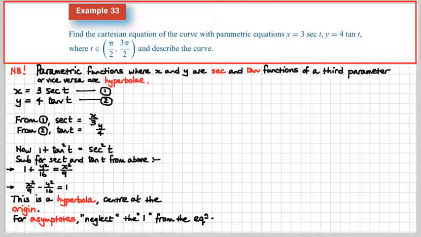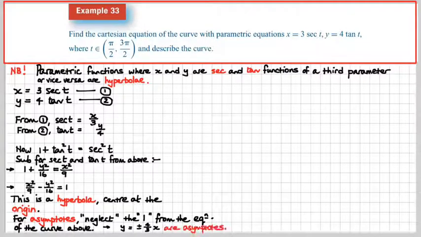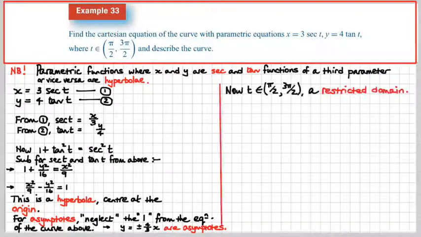So with the asymptotes you neglect this 1. You just neglect that, because if you have a 0 there instead of a 1, you are going to get the equations of the asymptotes if you solve it for y in terms of x. So from that, you would do that, and that's what you would get. You get y equals plus or minus 4 over 3 x, yeah?